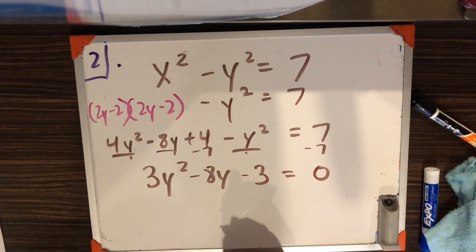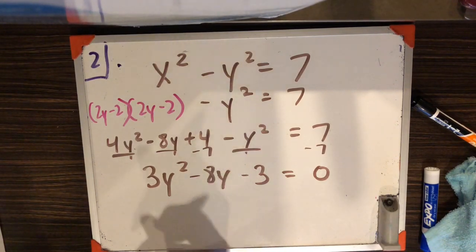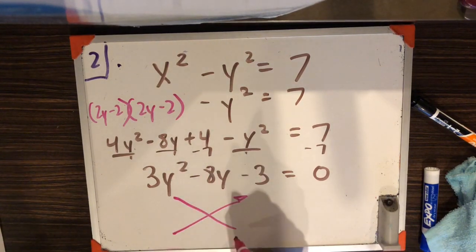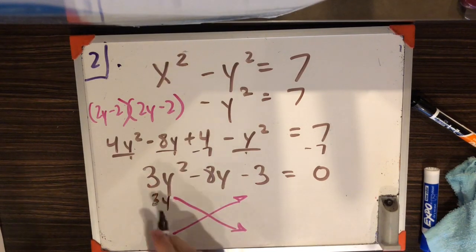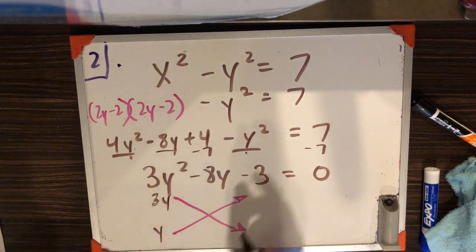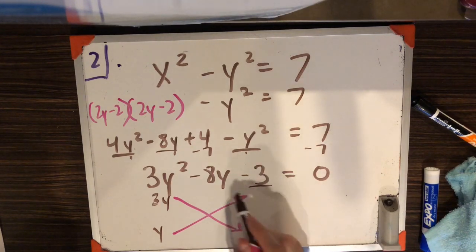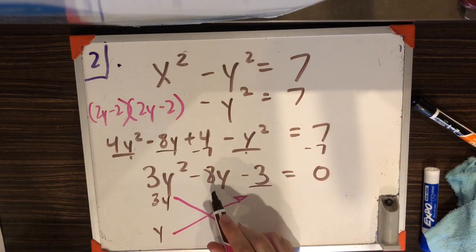Okay, we have to try to factor this. So let's use our crisscross. Let's figure out what these could possibly be. So 3y squared, well, our factors would be 3y times y. We have to figure out what multiplies to negative 3 but adds up to negative 8.